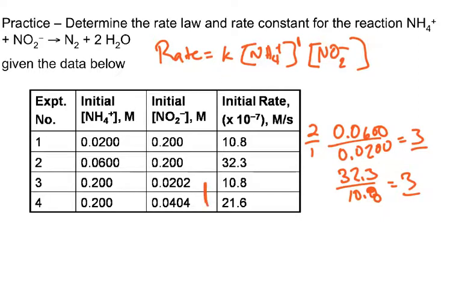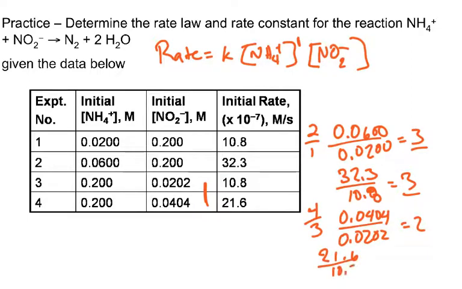Let's compare 3 and 4. So this is going to be 4 over 3. So 0.0404 divided by 0.0202 gets me approximately 2. And 21.6 divided by 10.8 is going to get me also about 2. So we are also first order with respect to NO2 minus.